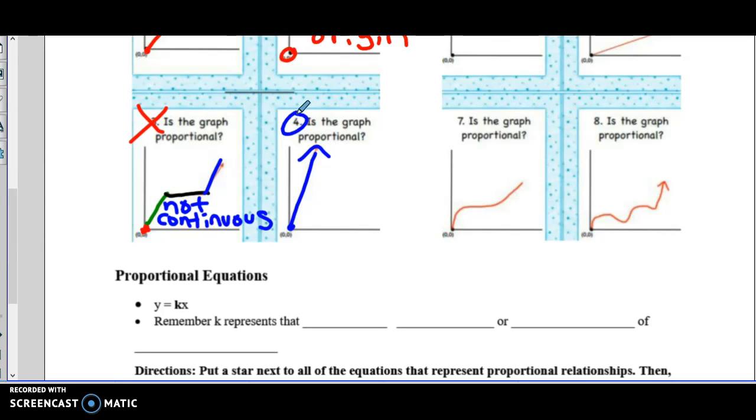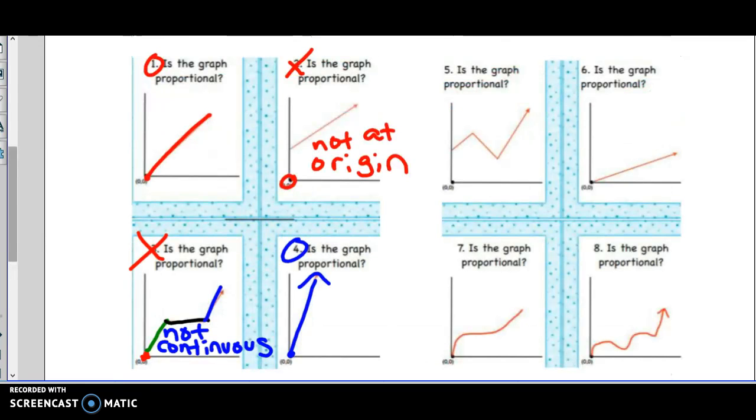What I want you to do now is try examples 5, 6, 7, and 8. In examples 5, 6, 7, and 8, the only one that is a proportional relationship is example 6. Example 5 is not proportional because it's not at the origin, nor is it a straight continuous line.